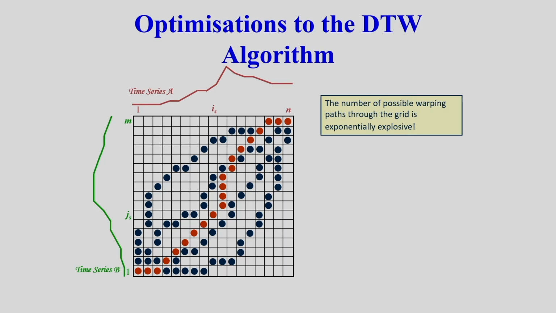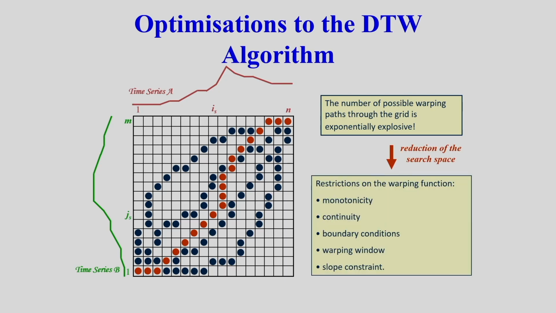So that is why I have to do the optimization to the DTW algorithm. For this I have to consider some restrictions on the warping function: the monotonic condition, continuity condition, boundary conditions, warping window size consideration, and the slope constraint. So I am going to explain one by one.